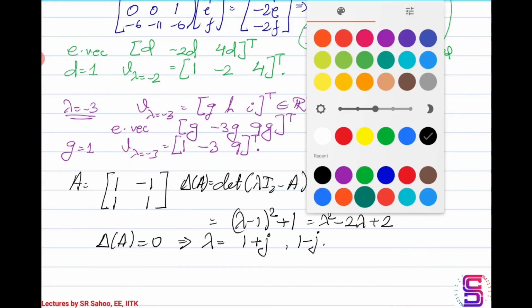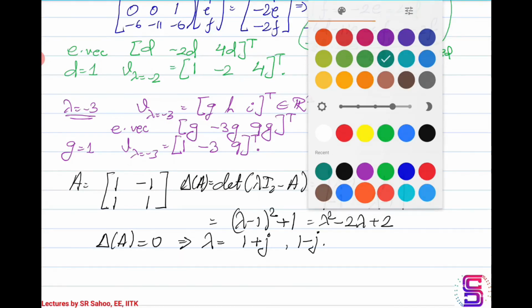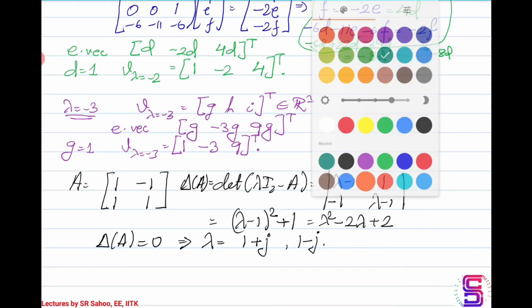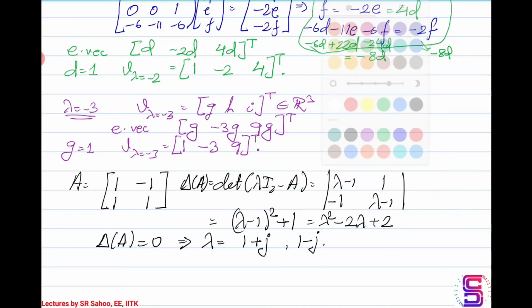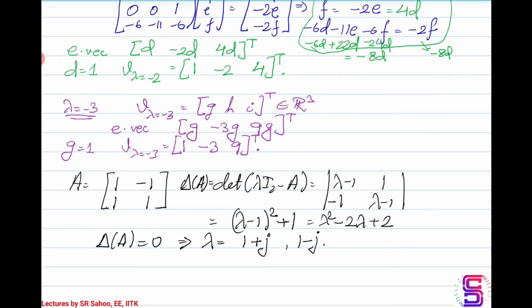So here the eigenvalues are complex. Also notice that for a real matrix, if a complex eigenvalue occurs, then the matrix will have another eigenvalue which is also complex and is a conjugate of it. So complex eigenvalues always occur in conjugate pairs. Please note this.